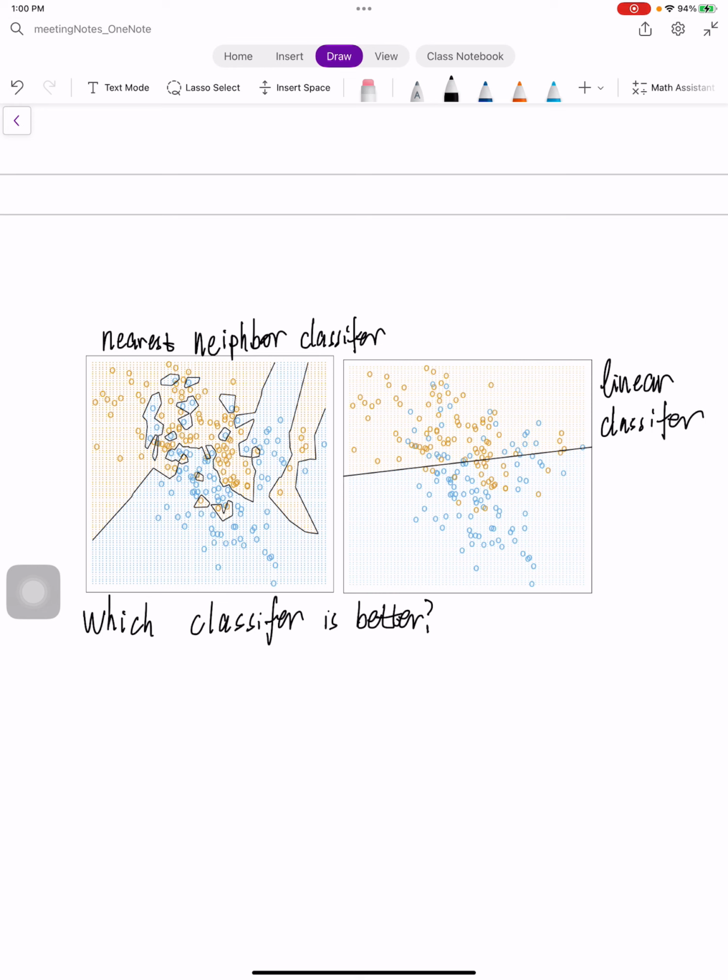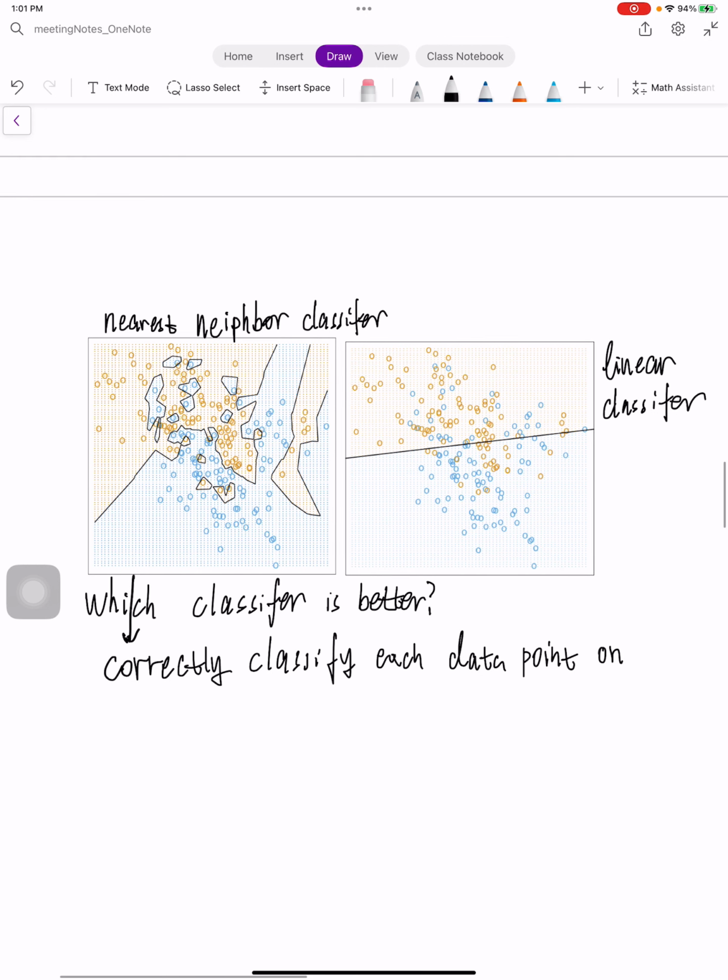Each of the classifiers has some advantage. Actually, if you take a closer look at this nearest neighbor classifier, you can see that this classifier correctly classifies each data point in the training data set.